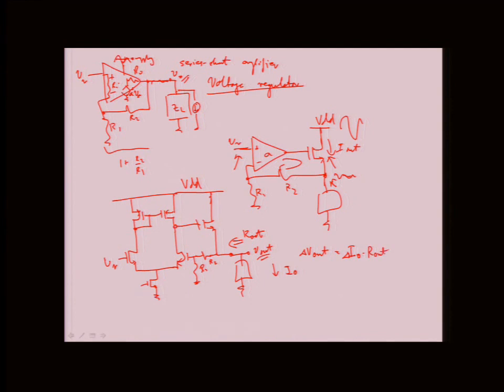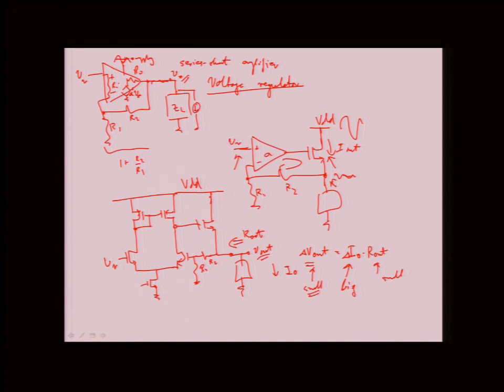The smaller the output impedance I have from the closed-loop regulator, the smaller delta V out will be for large changes in delta I, right? So if this is small, then this will be small, right?